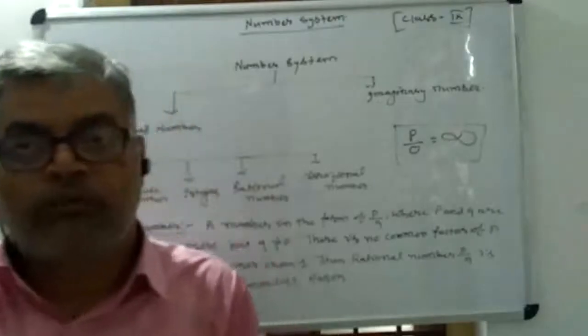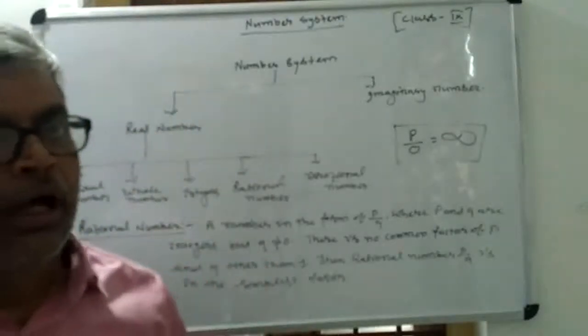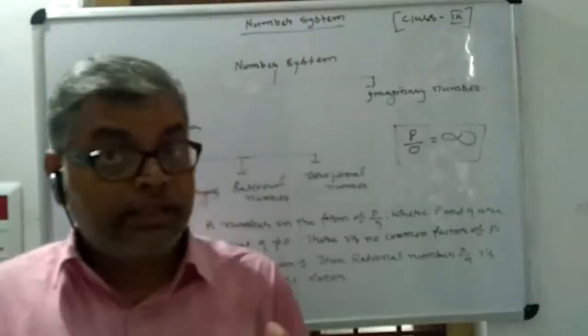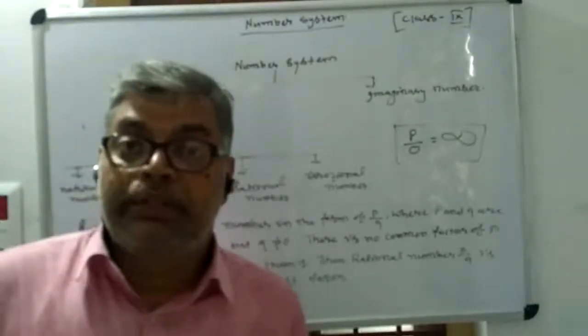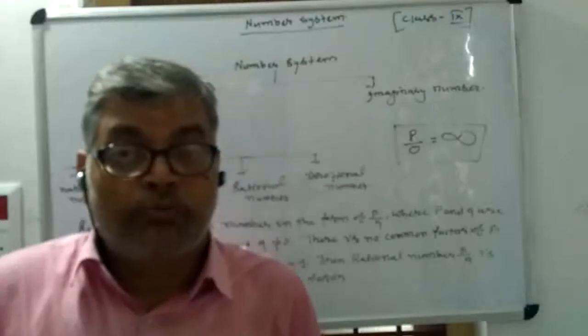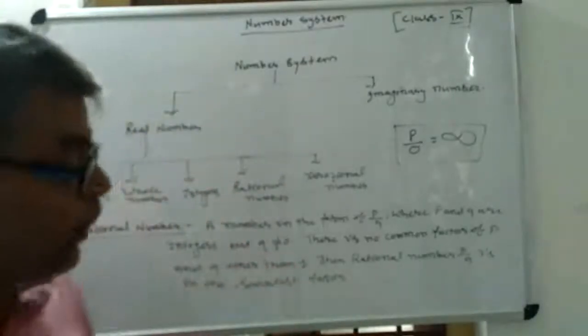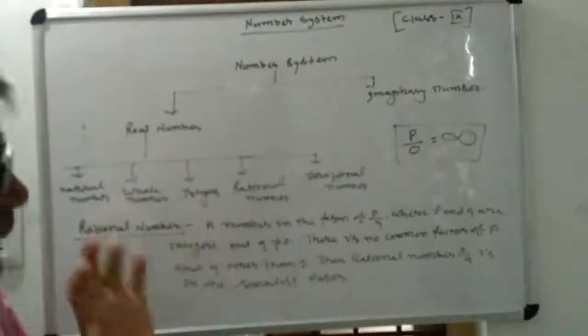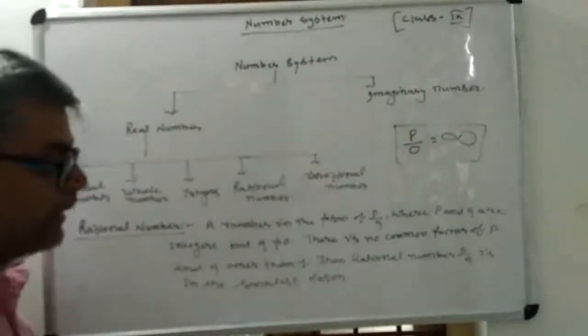And if it has a common factor other than 1, then it is an equivalent form of the rational number, not said to be the simple form. So this is the rational number.